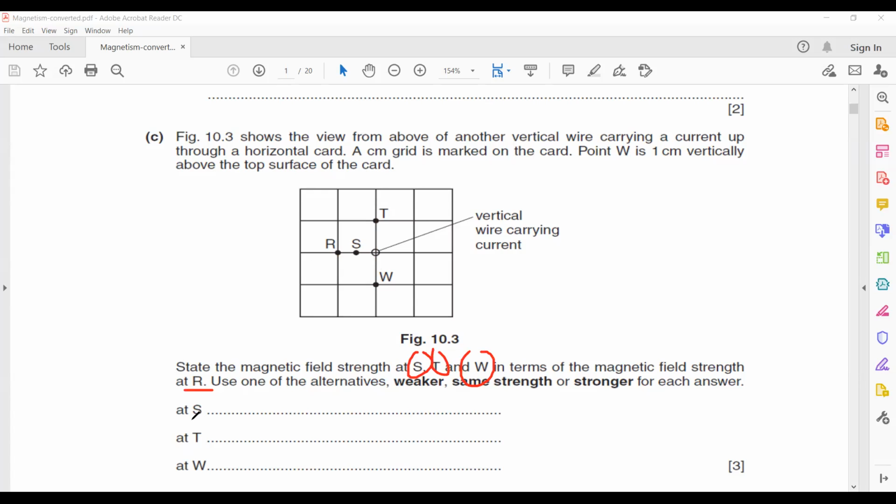So compared to R, what will be the strength? Will it be weaker, same, or stronger? Compared to R, what will be the magnetic field strength at S? Weaker, stronger, or same? S is closer, so it will be stronger.